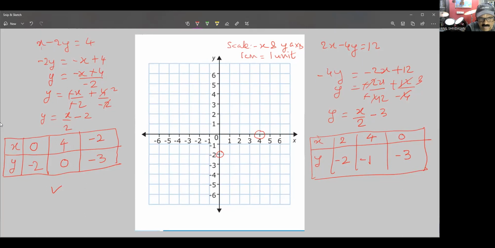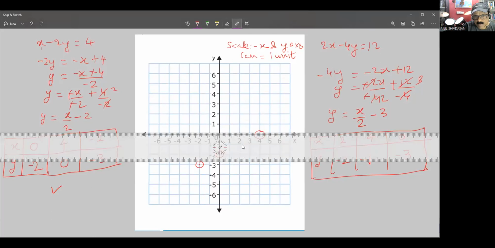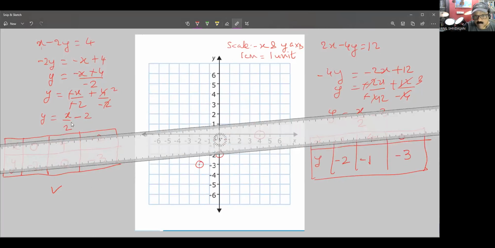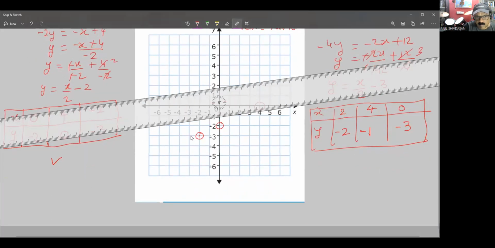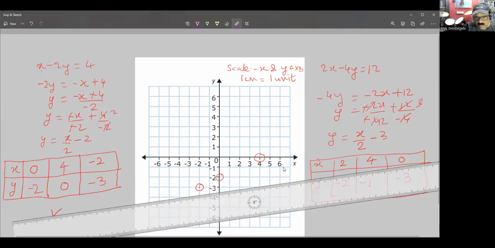Minus 2, minus 3 is here. Okay. Now we bring the scale and we try to plot a line passing through all the 3 points.